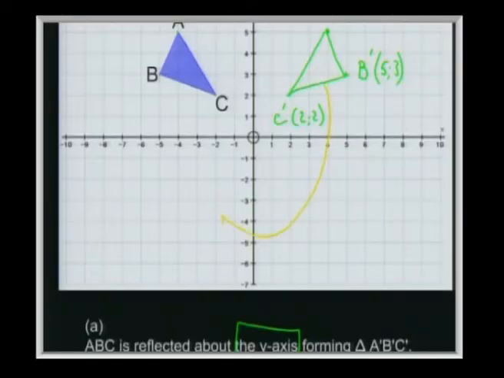Okay, what happened with 180 degrees? It is going to rotate and land up there. Now, for those of you who forget, if we have a 180 rotation, what is going to change? Well, x, y is going to become minus x, minus y.